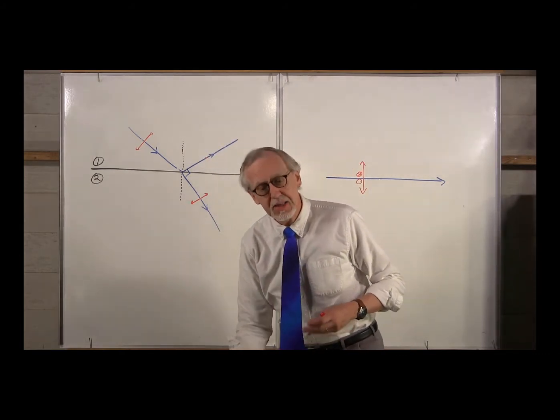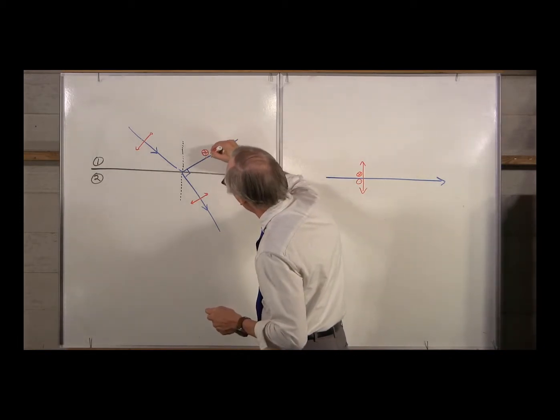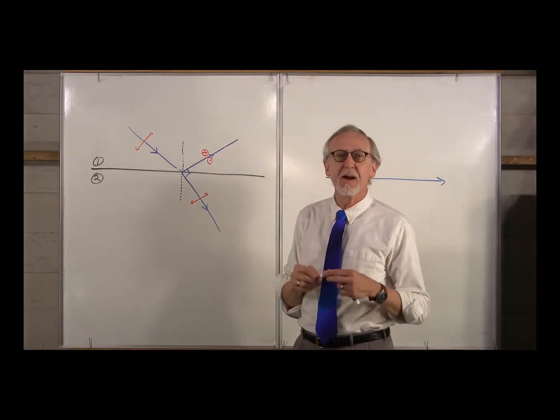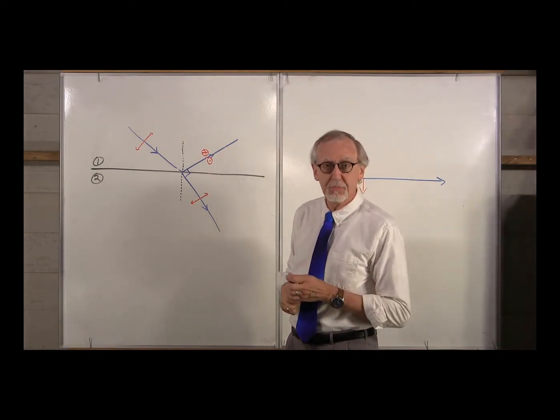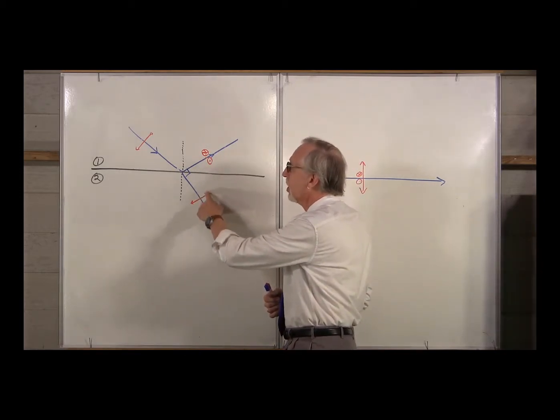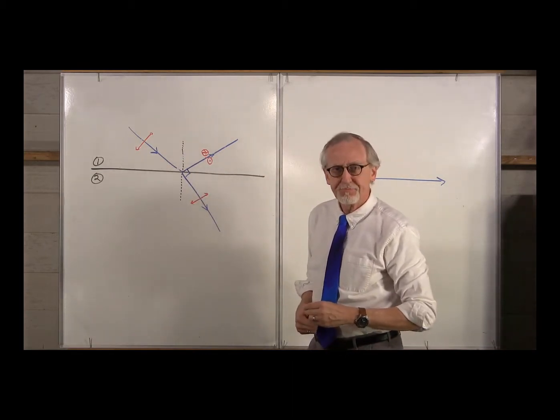It can only have an electric field that oscillates in or out of the board. That's the only possible direction of oscillation for the electric field, because there's no other way that this electric field plus this electric field could equal this electric field with that orientation.